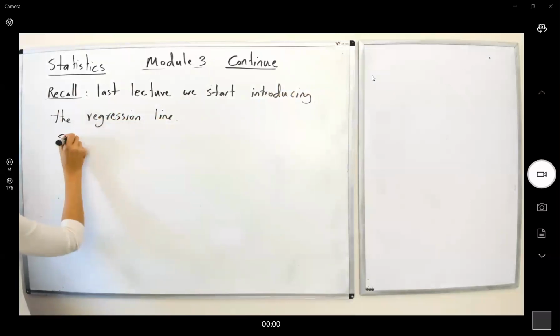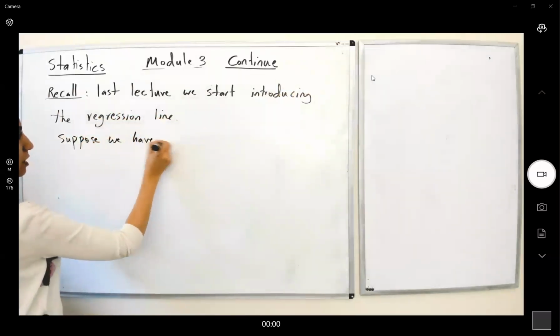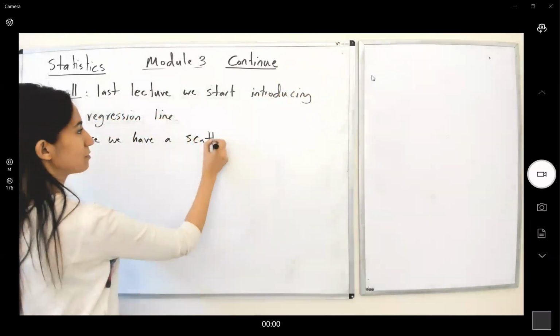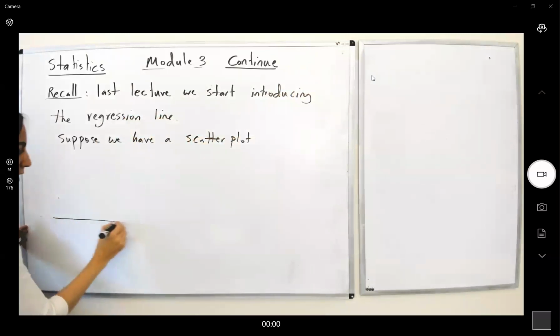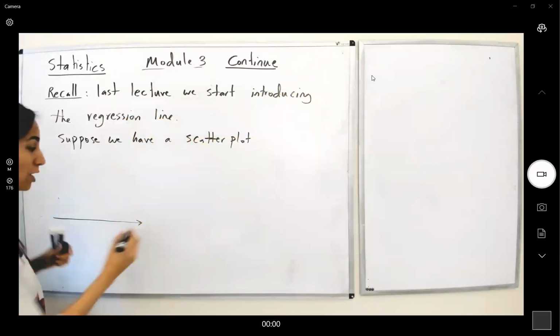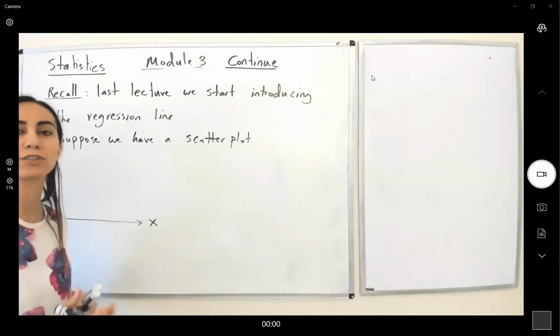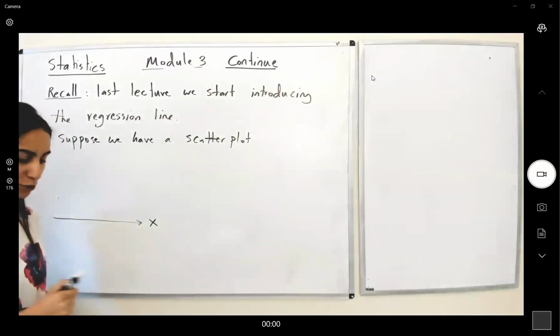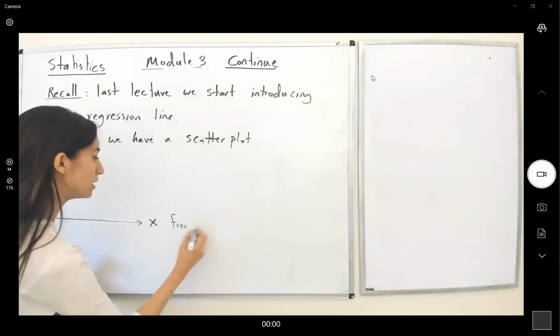So suppose we have a scatter plot in this case. Remember that on the horizontal axis, you have your x values. It means that you have explanatory variable values, or free, independent variable.